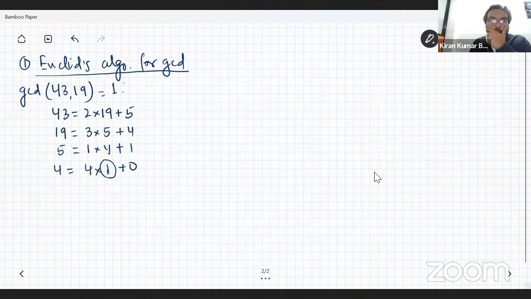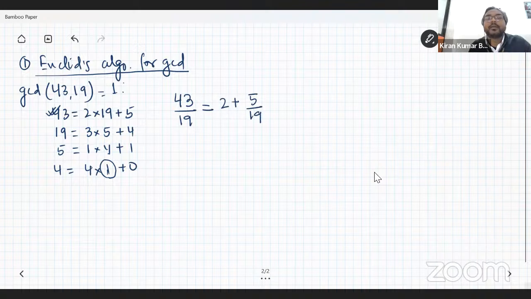Now, though Euclid did not use continued fractions, later mathematicians connected this algorithm to a continued fraction of this form. So 43 by 19: if I divide this equation both sides by 19, I will get 2 plus 5 by 19.